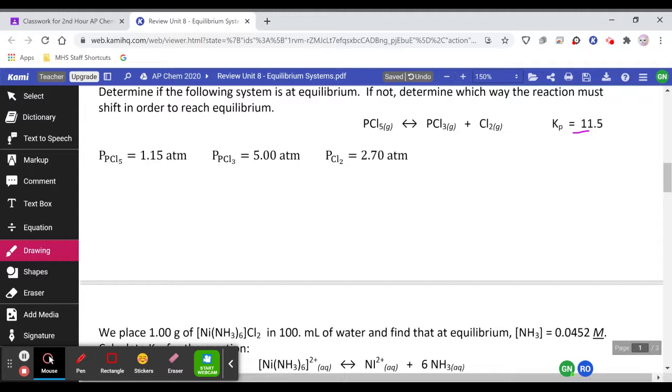Okay, and so they give us our balanced reaction here. Okay, and then they give us our partial pressures of each of the substances here. And so I know my Q is going to be equal to the partial pressure of my PCl3.